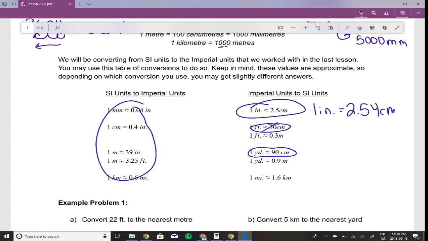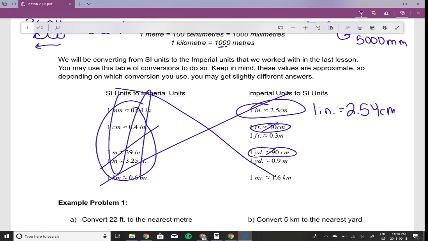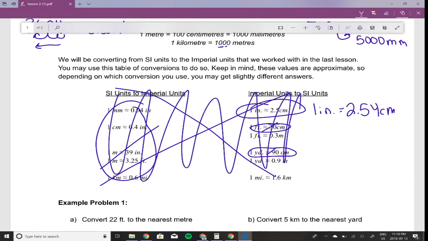So the problem with those is if you get used to using them on this sheet, you won't have them for a test or an assignment. So I don't want you to get comfortable using them on the sheet. What I want you to do is actually cross out this table. And when it comes to all these conversions, I want you to use your purple formula booklet that I gave you. It's on the very first page there. It has all the conversions that you'll need. Okay.